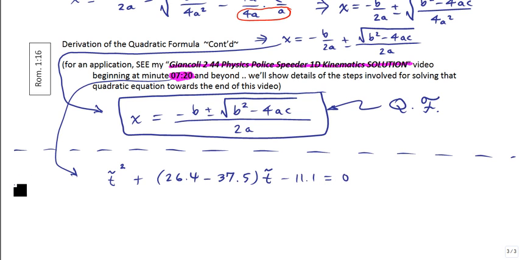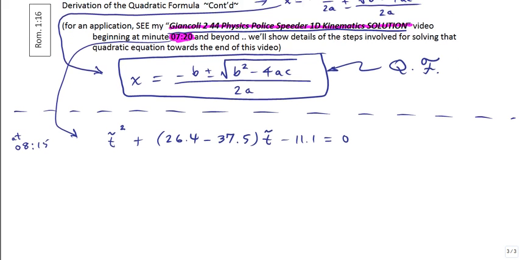This was at the minute marker of 8 minutes and 15 seconds, 0815, of this video up here. And if you go ahead and do the subtraction here, you will find that this is an equation that looks like this. In fact, 26.4 minus 37.5 is a minus 11.1, so t tilde squared minus 11.1 t tilde minus 11.1.